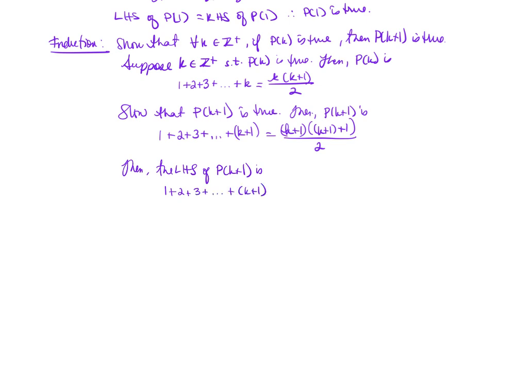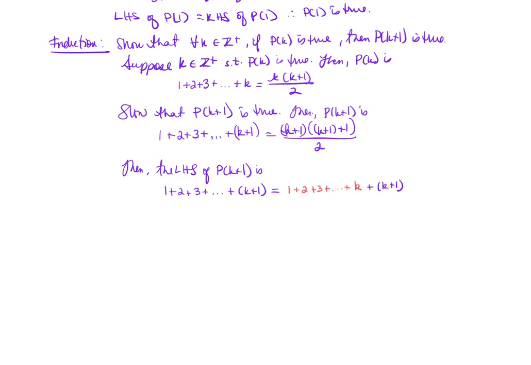Now here's the thing, working with only this side, I can say without a doubt that I also know that this is the sum 1 plus 2 plus 3 plus all the way up to k, and then we added one more term, which is k plus 1.